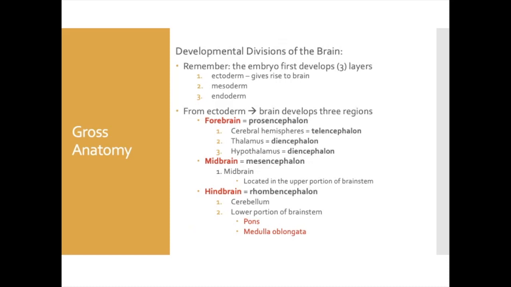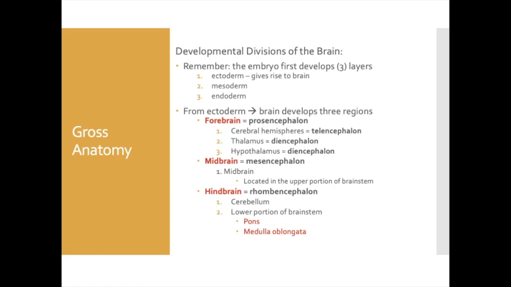I've moved on to slide number 21 here in the brain lecture. The other question on the quiz that some people had trouble with was this question about the developmental divisions in the brain. Remember, sometimes we talk about the brain just in terms of the structures that we see with our eyes.